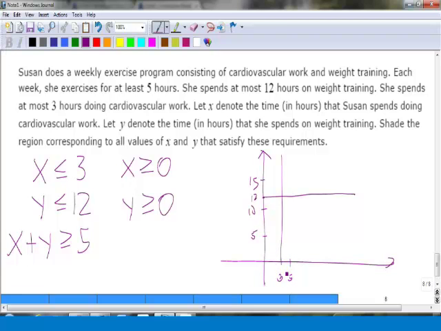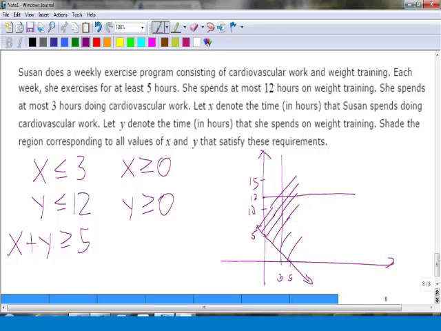X plus Y is greater than or equal to 5. X plus Y equals 5 looks like that. Maybe just leave it like that, or just a little bit more. So it's going to be above and to the right of this line. Y is greater than or equal to 0 is just the x-axis, and I don't think we even need to sketch the x-axis on here.